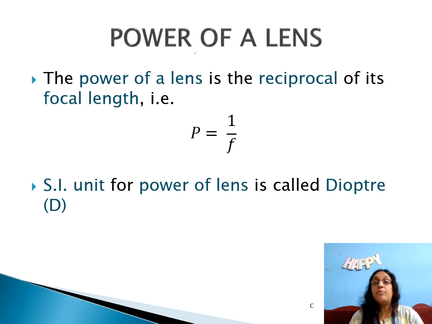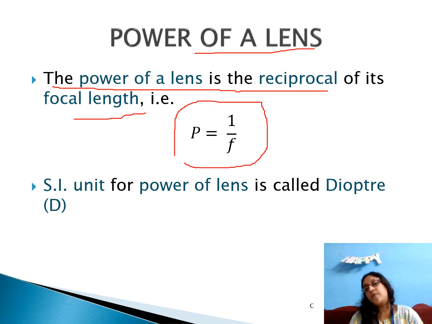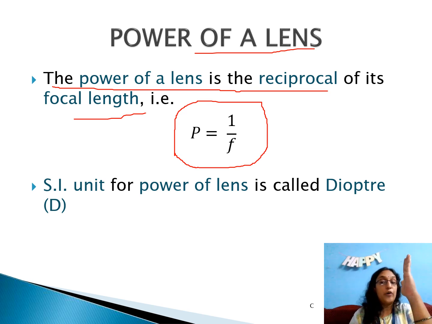Next is your power of lens. They have allotted a unit to the power of a lens. The power of a lens is the reciprocal of its focal length. So when the power increases, your focal length will decrease.